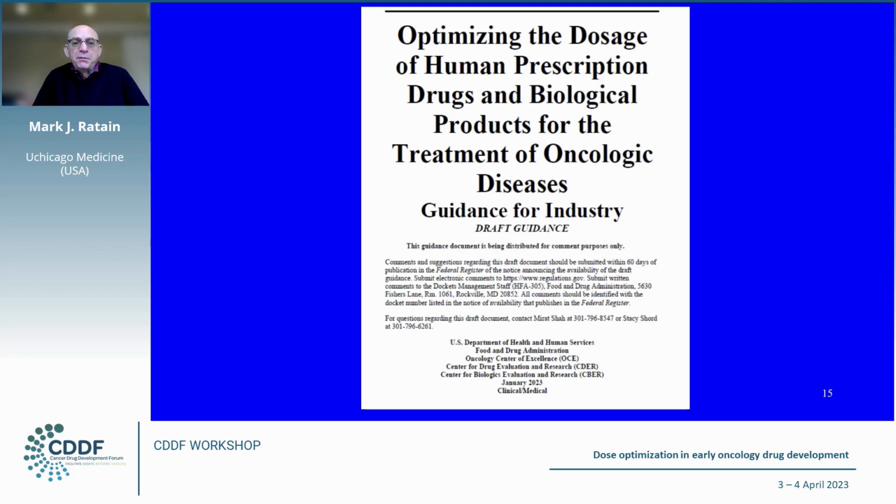I think you'll be hearing more about this project and this document through the course of the meeting. And credit for this document goes primarily to Murat Shah and Stacy Short. And among others, this document cites E4.